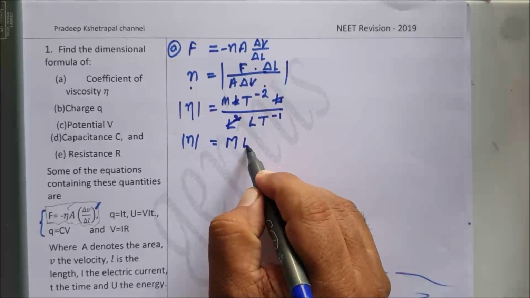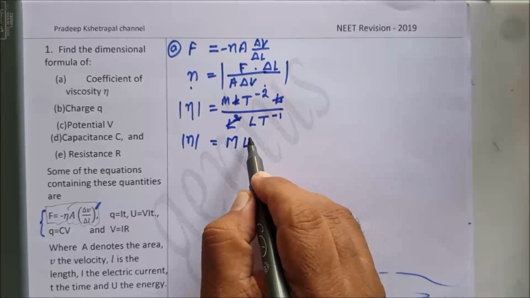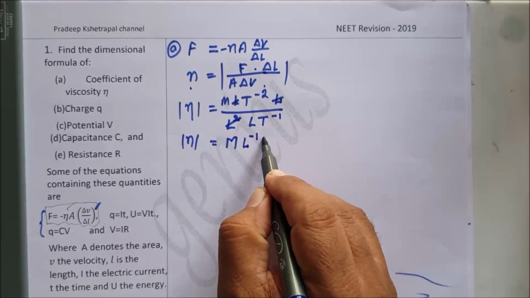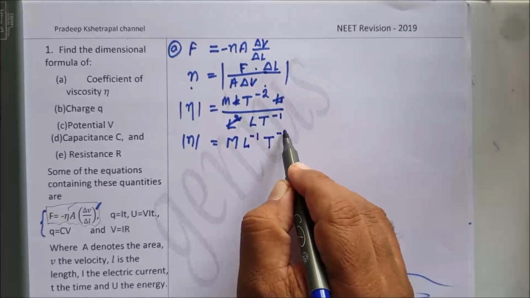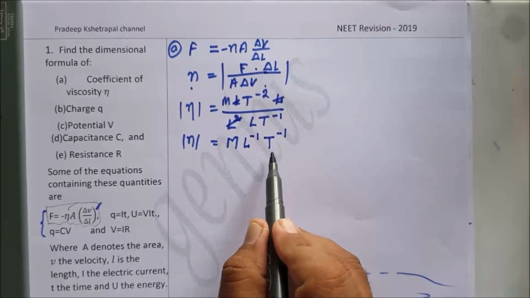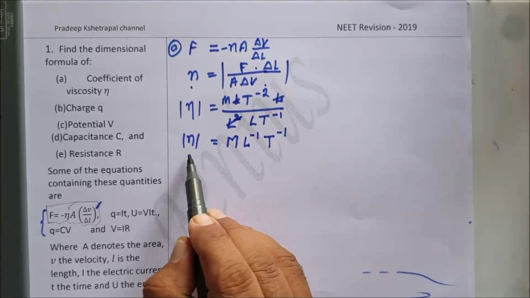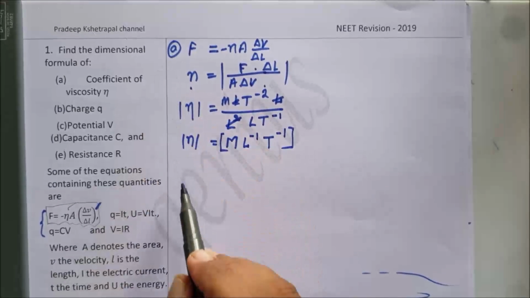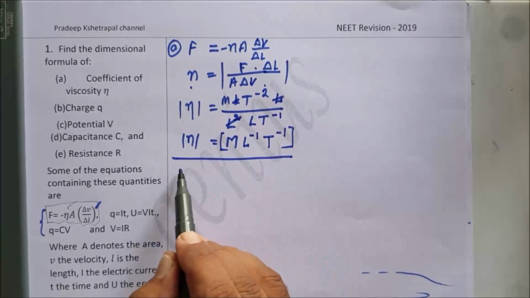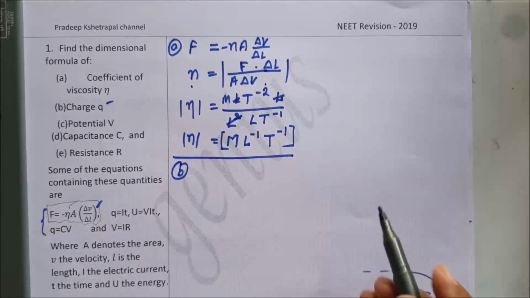Then L, only this L comes to the numerator, giving L minus 1, and T minus 2 plus 1 makes it T minus 1. So M L minus 1 T minus 1 are the dimensions of eta. This is our question A done, and now we go to B, which is asking us for charge Q.